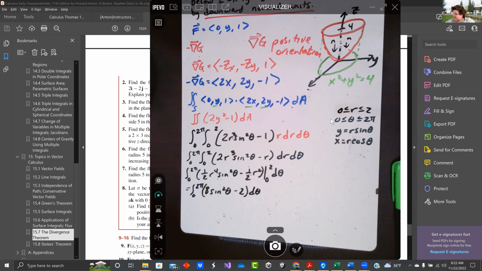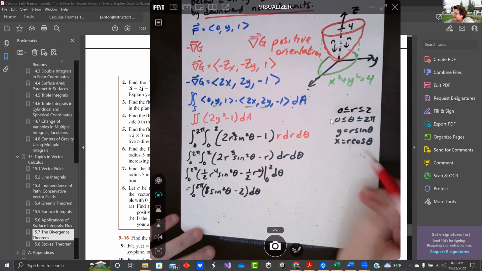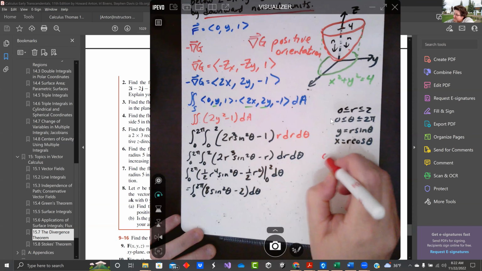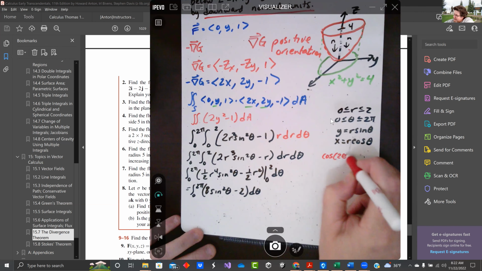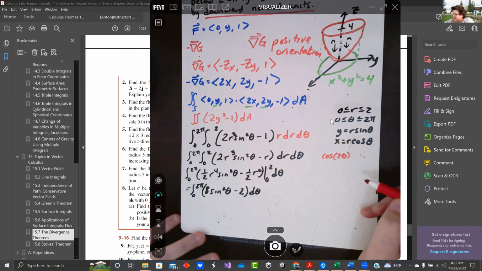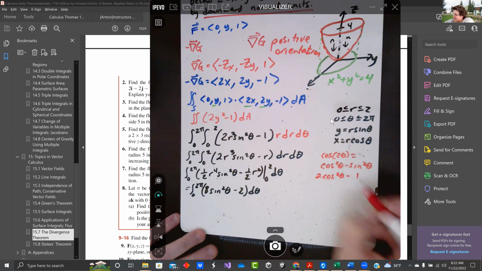All right, so now we got a sine squared. Some more trick stuff that you are more likely to have forgotten than this is the variants of cosine 2 theta. Cosine 2 theta comes in handy when we have squared stuff. There's 3 forms: cosine squared theta minus sine squared theta, 2 cosine squared theta minus 1, or 1 minus 2 sine squared theta.